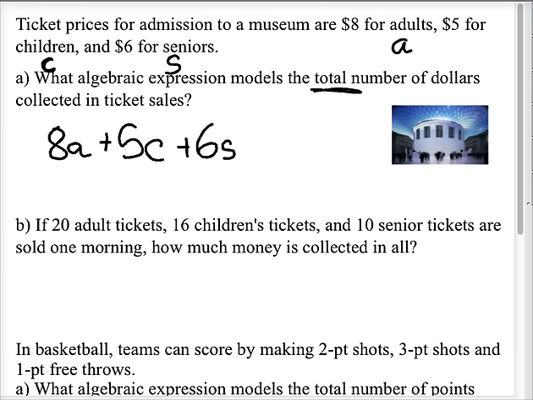And now part B is basically asking us to evaluate that. If 20 adult tickets, 16 children's tickets, and 10 senior tickets are sold, how much money is collected? All right, so I'm going to plug those in the appropriate places.